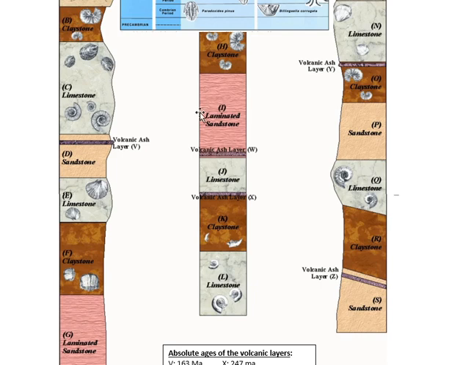So a lot of people, for example, tried to do this. They tried to match this laminated sandstone to this laminated sandstone. Okay, those don't correlate just because it's a laminated sandstone. Why? Sometimes, at the same time in the same general region, different rocks can be deposited.